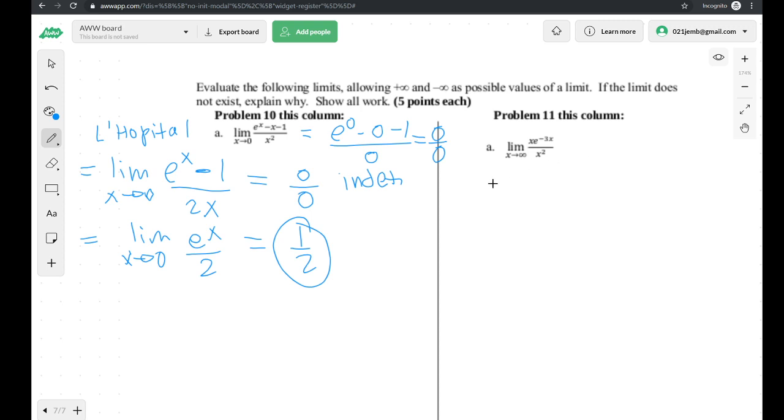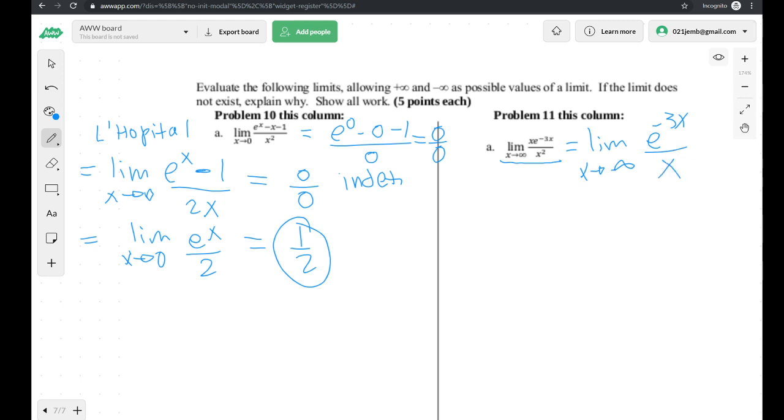All right, for problem number 11, don't try to substitute immediately. Try to see if you can simplify the expression, and in this case, you can. You have x over x squared, so that x cancels out, and this is the limit as x goes to infinity of e to the negative 3x divided by x.